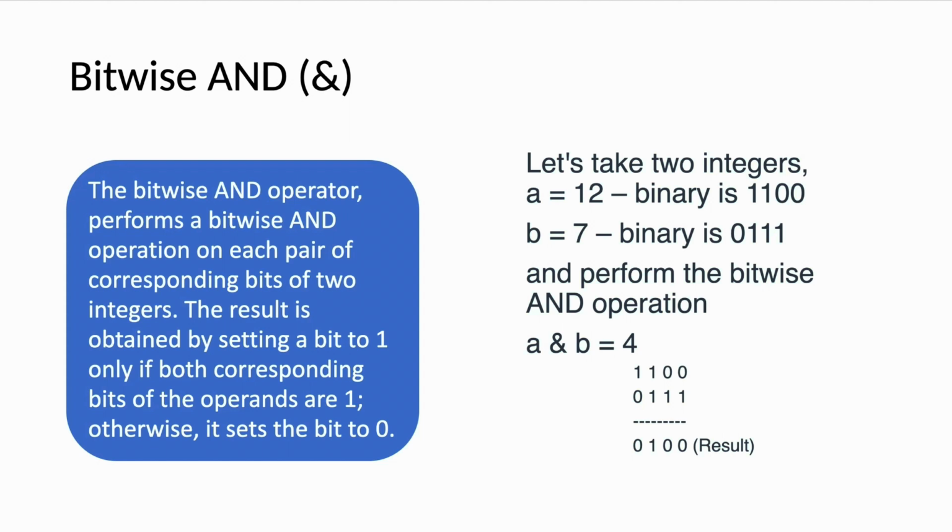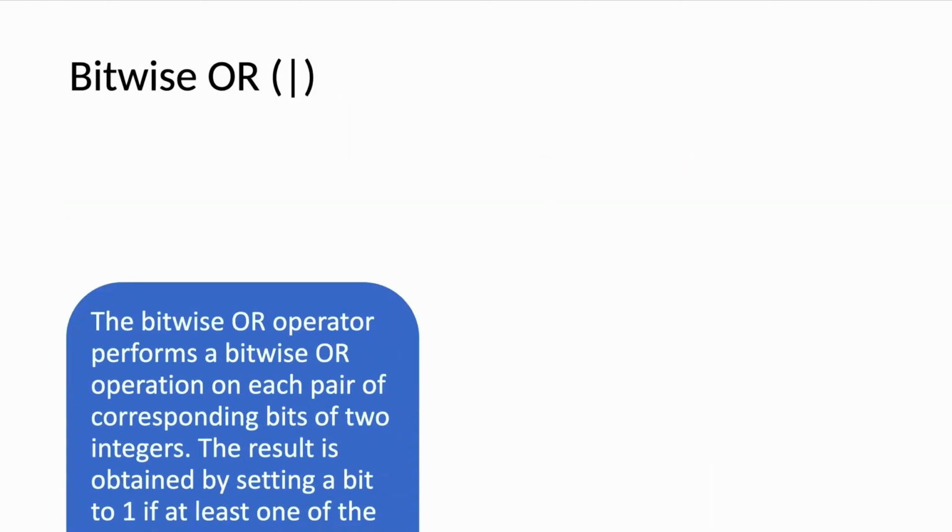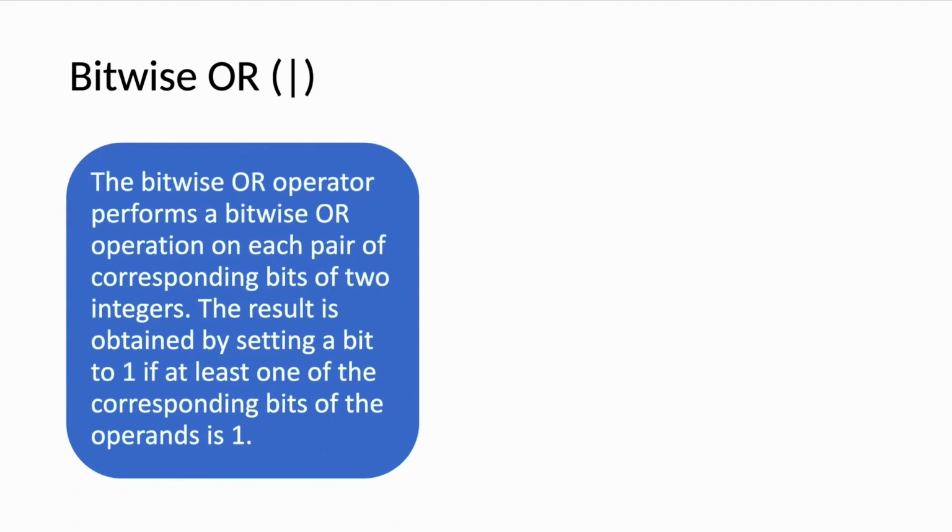Now let us move on to the next bitwise operator, the bitwise OR operator. First let us have a look at the definition. The bitwise OR operator performs a bitwise OR operation on each pair of corresponding bits of two integers. If you want to find the bitwise OR result between two numbers, first you have to convert them into their binary representation, and then perform bitwise OR between each pair of digits, right?